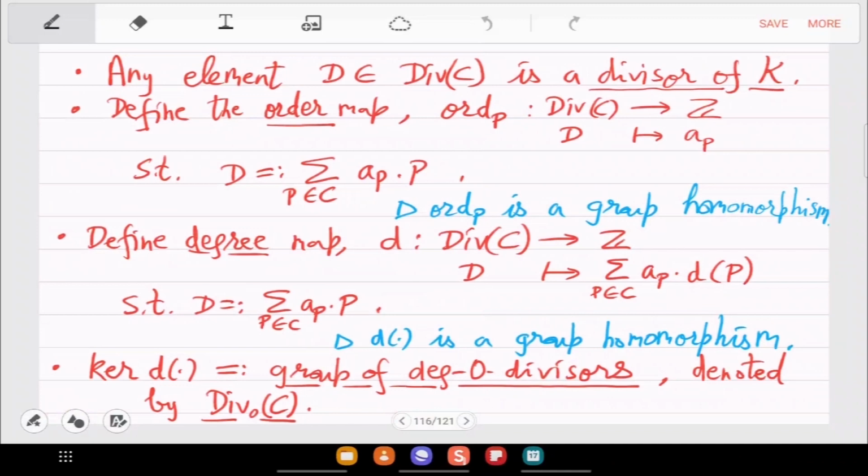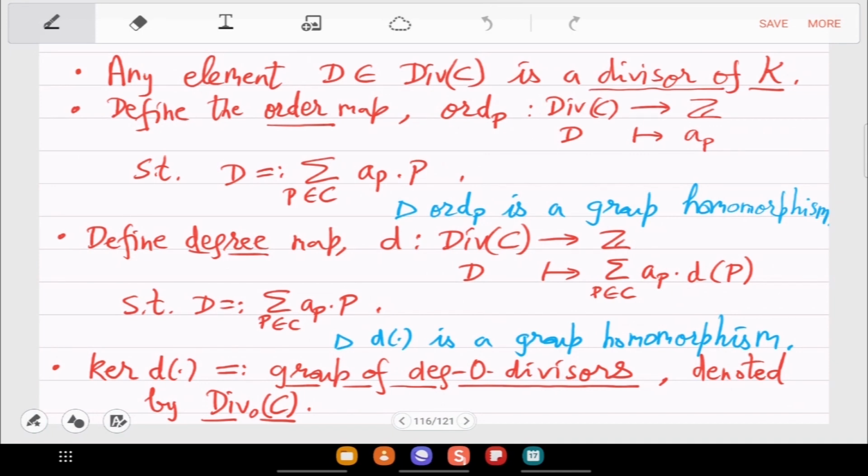We have defined a divisor, which is an element of this div C. We have defined the order map, which tells you the coefficient of the point in the divisor D. So for D it gives AP. That's the order.